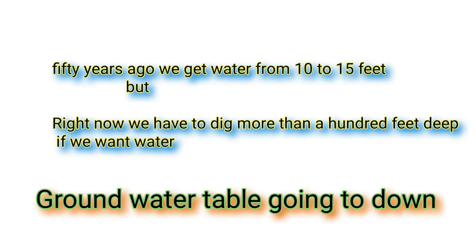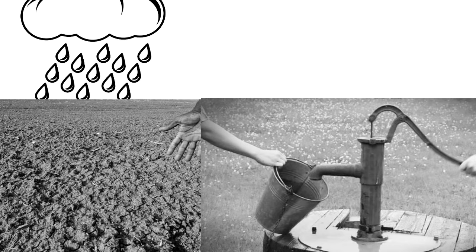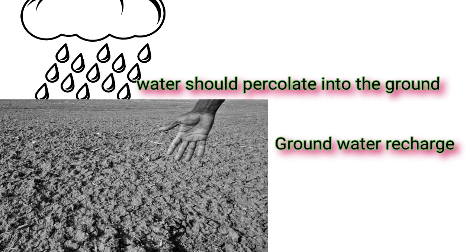Okay, so if you want to take out the water, or extract it, first it has to go down. First, that means the water has to go into the ground. It's called recharge. If we want to take out the water, first it has to go down.